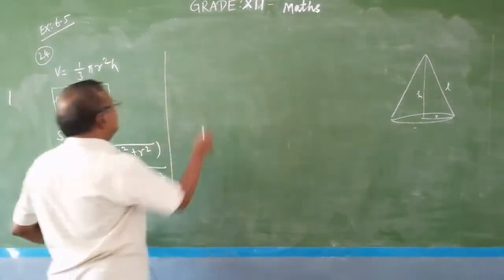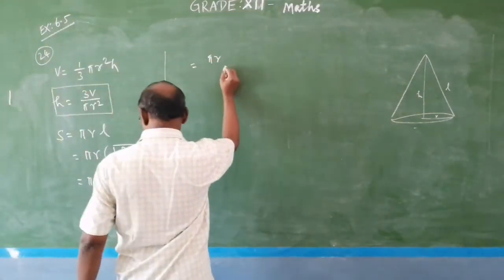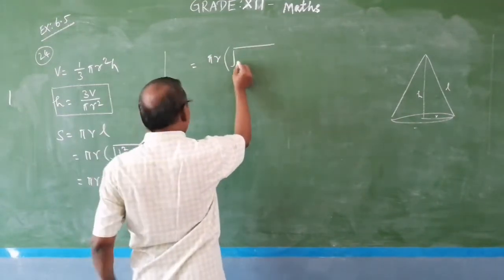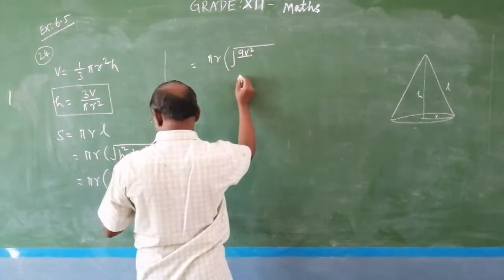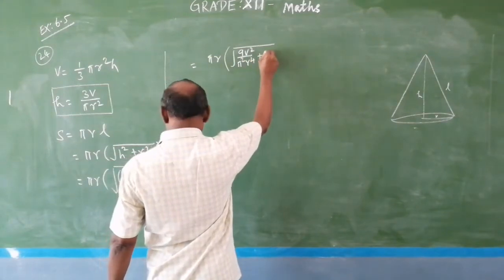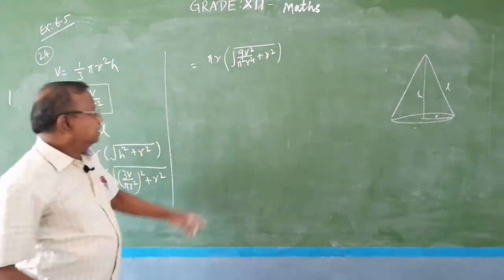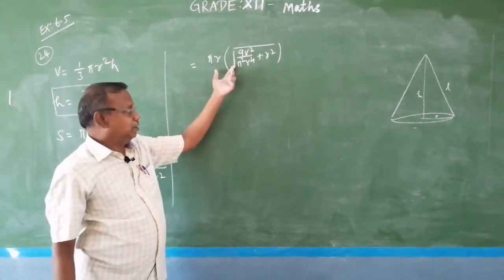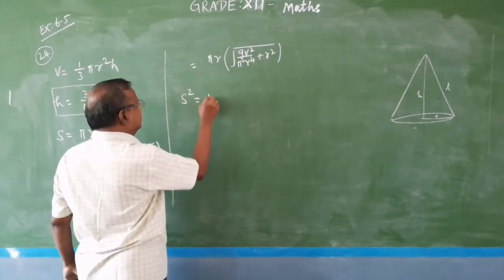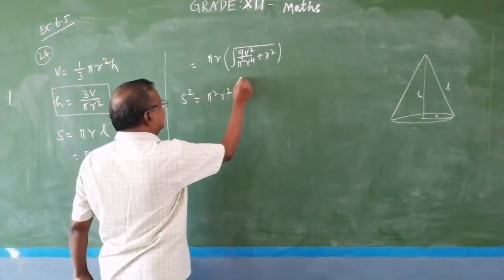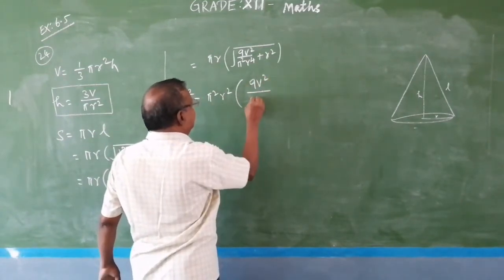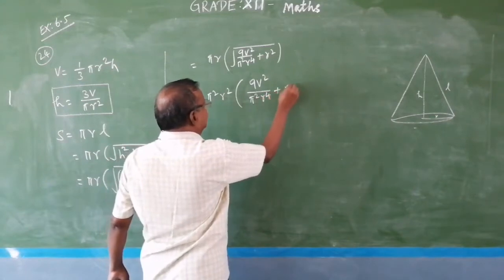Now this is equal to pi r into root of 9V square divided by pi square r power 4 plus r square. Since it is somewhat difficult to differentiate, let us square on both sides. So S square equals pi square r square into 9V square by pi square r power 4 plus r square.